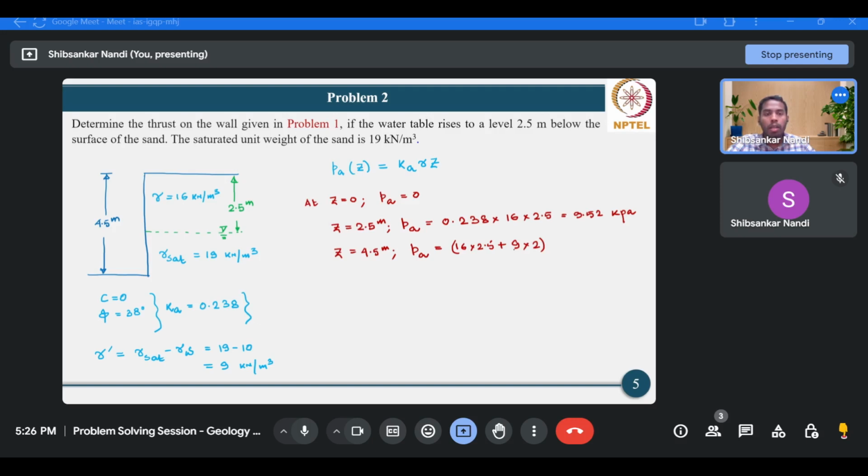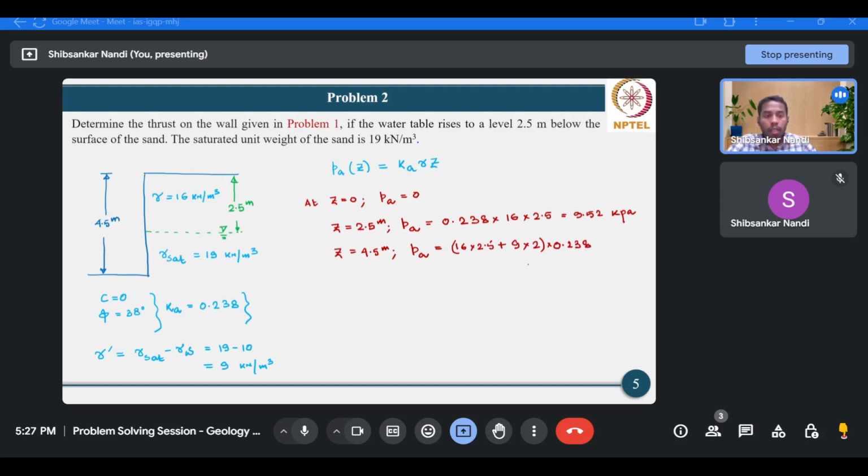But below the water table, we have to take the submerged unit weight only. So that's why we have taken 9, and that would be multiplied by the remaining depth, that is 2. Okay, because the wall has a total height of 4.5. Now out of this 4.5, 2.5 is dry or above the water table and 2 is under the water table. So this multiplied by 0.238. So this is due to the soil.